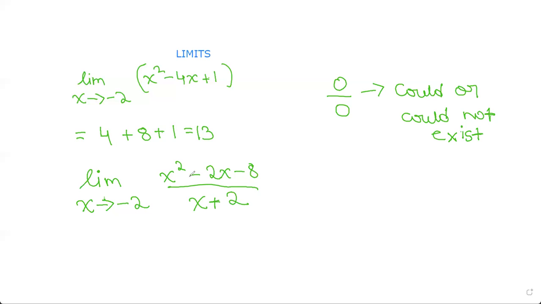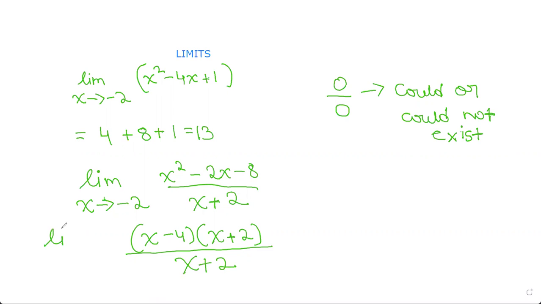So what you have to do is first factorize the numerator. If we factorize it, we get (x minus 4) into (x plus 2), divided by x plus 2. So this is after factoring.